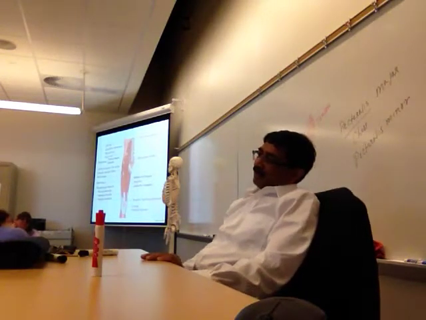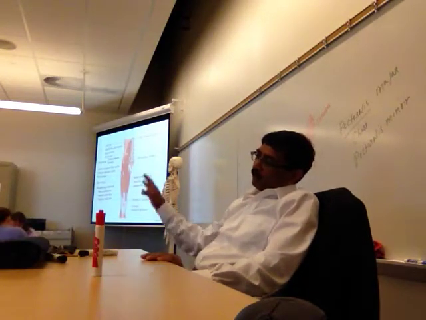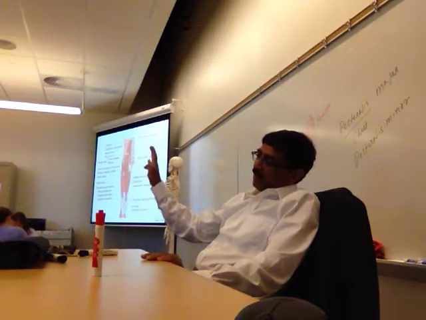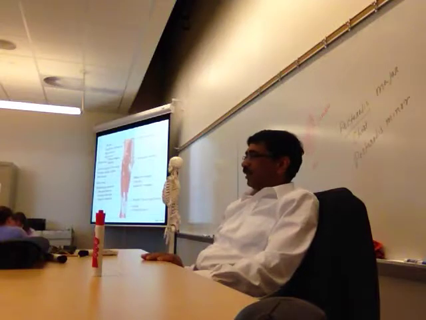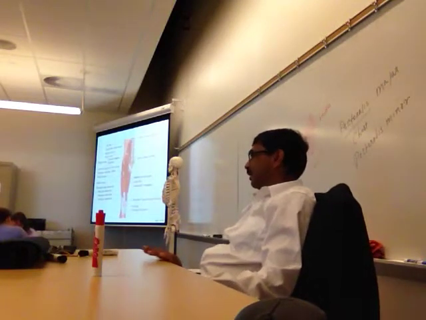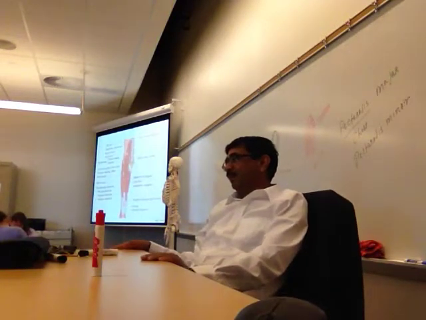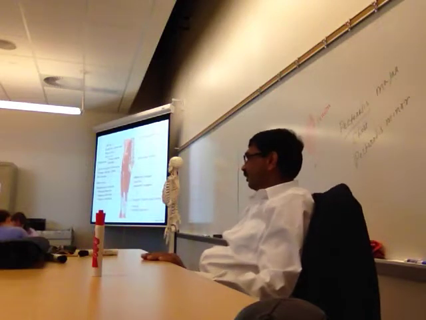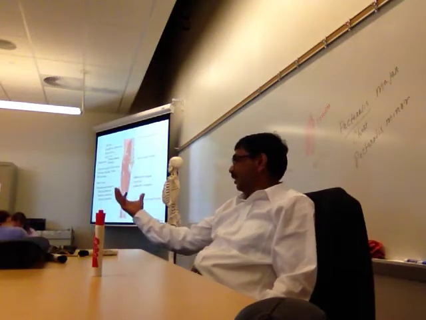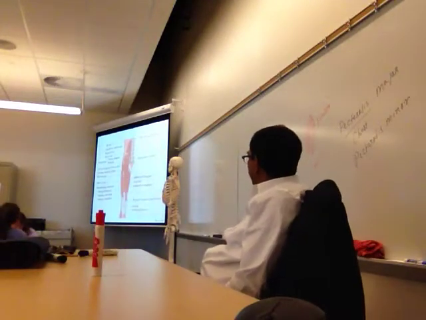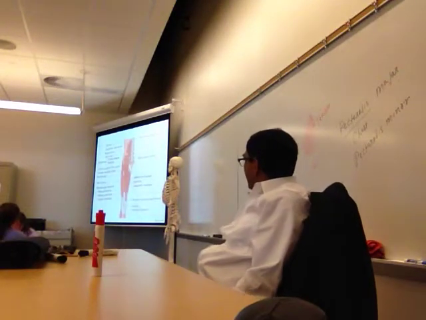And quadriceps femoris are 4 muscles in the front of the thigh. Which 4? 3 vasti and 1 rectus femoris. They are together called a group of muscles, that is the quadriceps group.